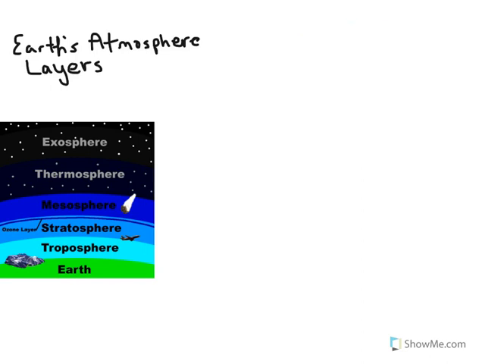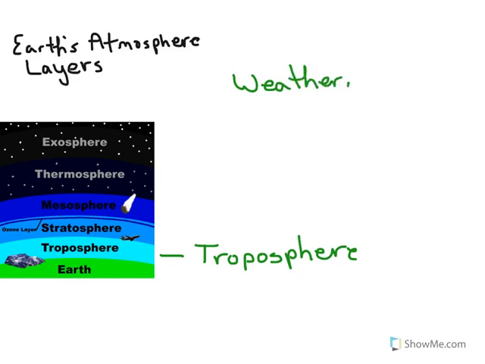The first layer, the lowest layer, is the troposphere. And this layer is going to be where weather occurs. So that's where our cloud formations occur.